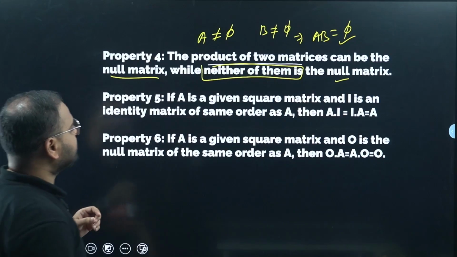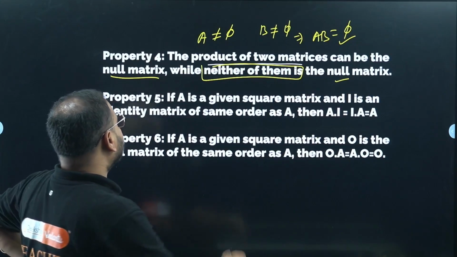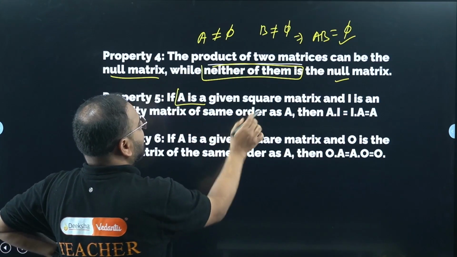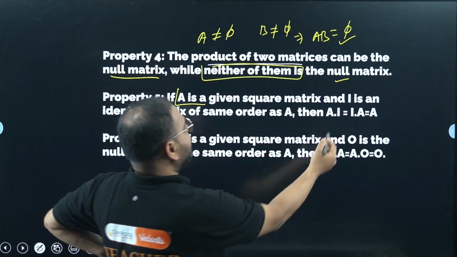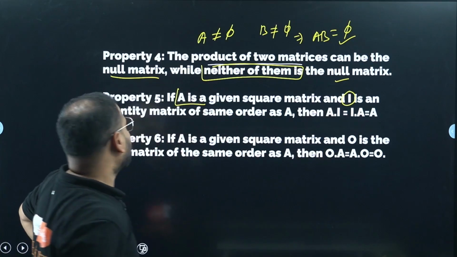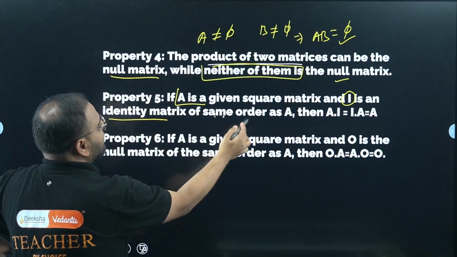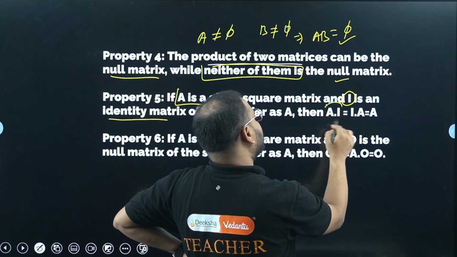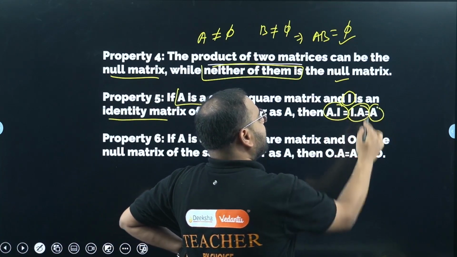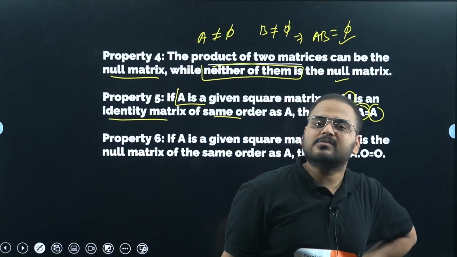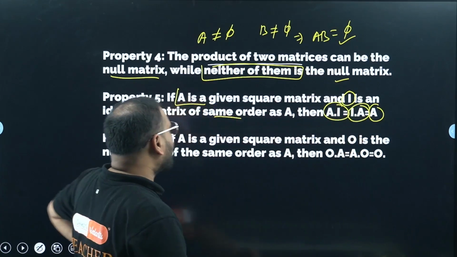Okay, next property. If A is a given square matrix, then I is the identity matrix of the same order, and obviously A into I is the same as I into A. Why is that, sir? Because I is also called the identity or unit matrix.